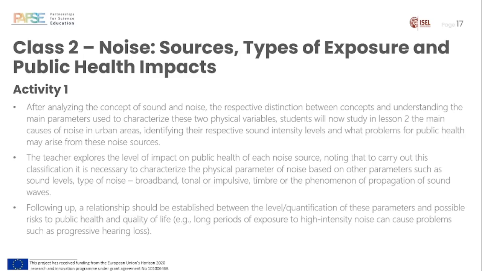So, in activity 1, the teacher should explore the level of impact on public health of each noise source, noting that to carry out this classification, it is necessary to characterize the physical parameter of noise based on other parameters such as sound levels, type of noise, broadband, tonal or impulsive, timbre, or the phenomenon of propagation of sound waves.